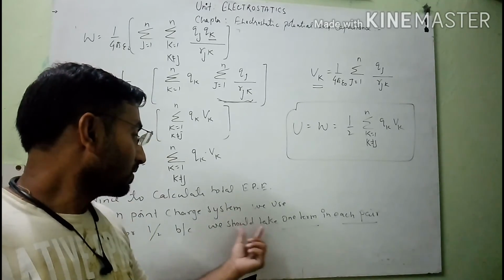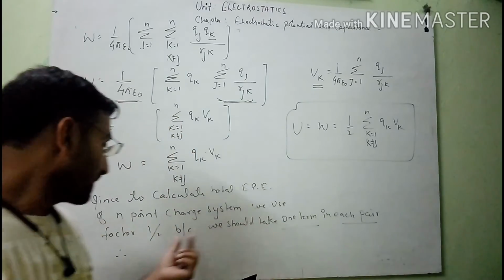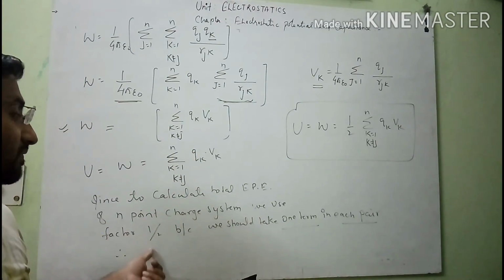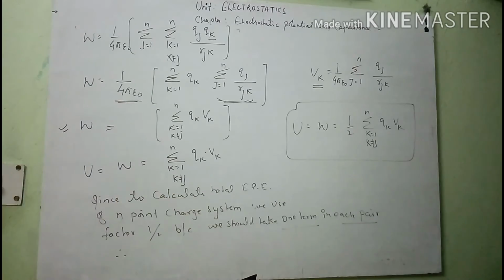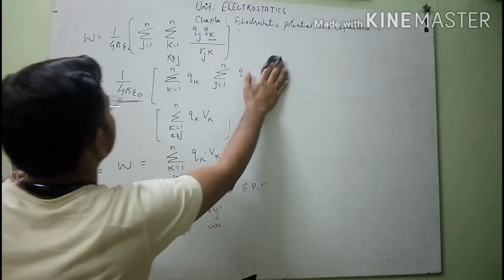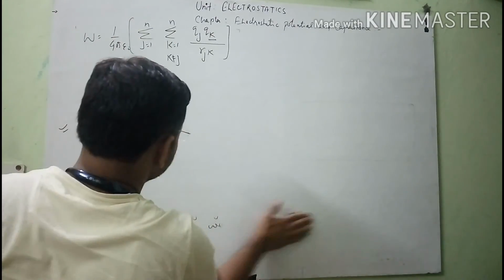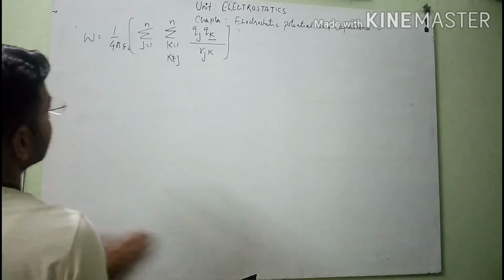Here we will take one term of each pair. So here we will use half as a factor for this derivation. If you want to know more about this, come to this point, I will explain why I am using half and why I am saying this.